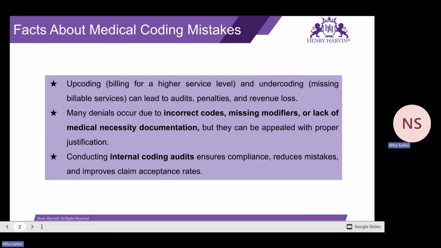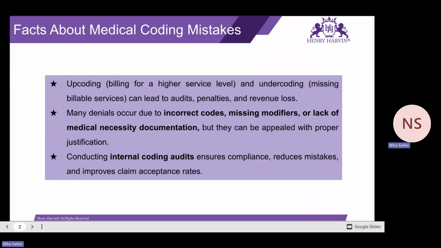In those circumstances, you have done undercoding. Or in certain procedures where you had to select two codes, you selected only one code or did not select a modifier. Like an x-ray of right and left, both were done, but you have not selected the modifier and have just written one code.